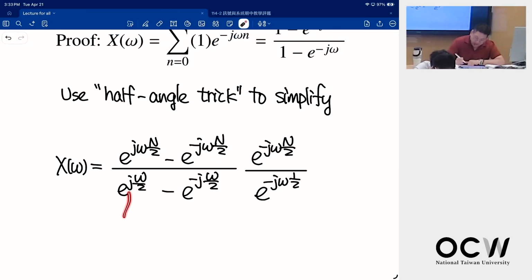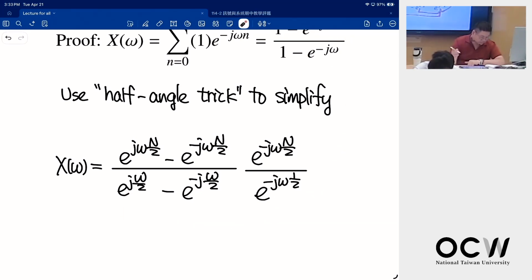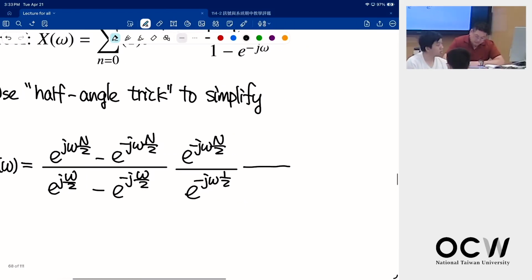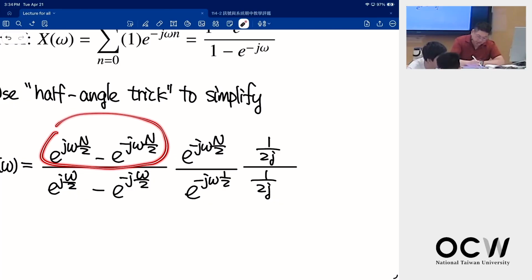So here you'll get 1, and here you'll get e to the minus j omega over 2. And then you times 1 over 2j, 1 over 2j. So in this case, the first term times 1 over 2j will be the sine function.